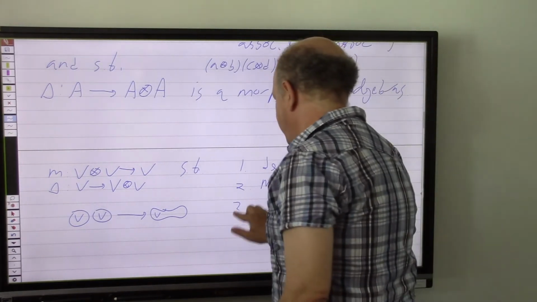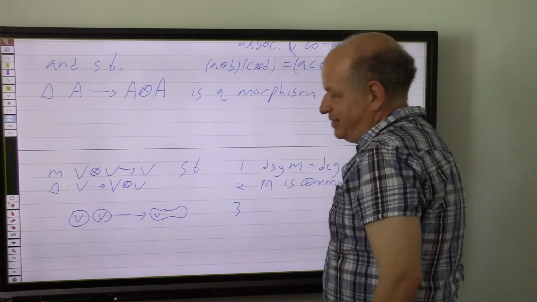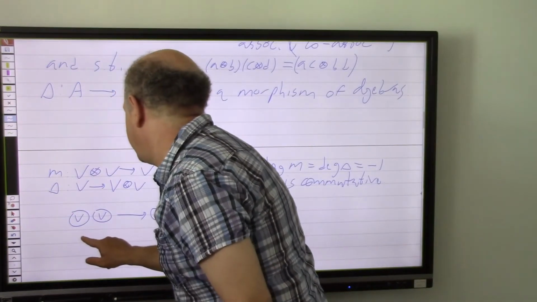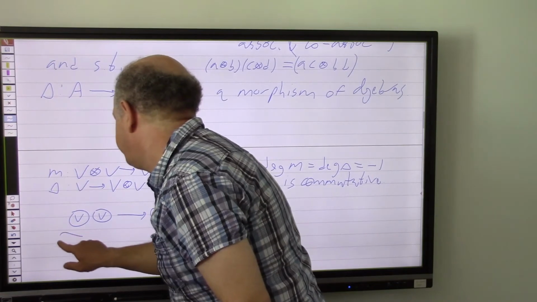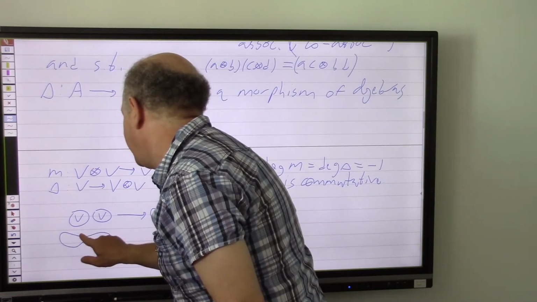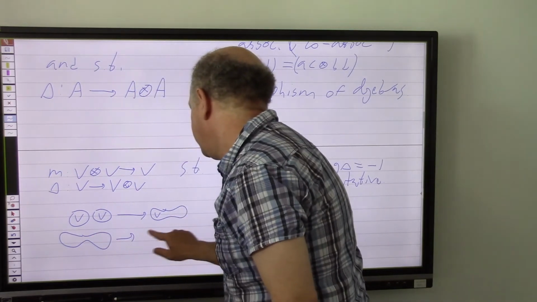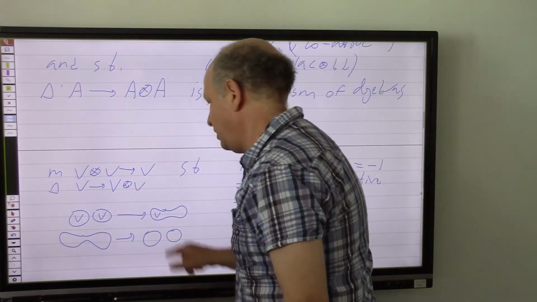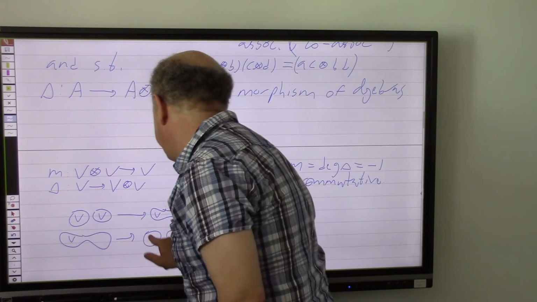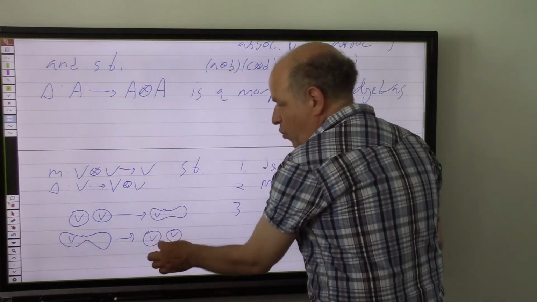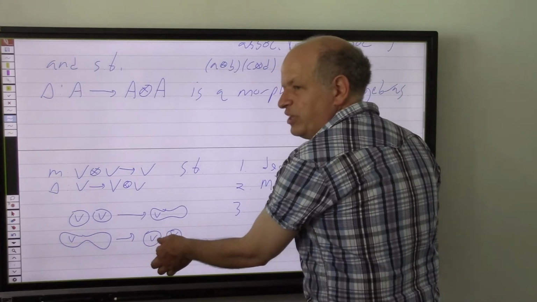Okay, third condition. In a similar way, delta corresponds to resmoothing, like the smoothing here in the middle, into a different one, so that you get a map from V into V tensor V, but there is no way to order these two V's.